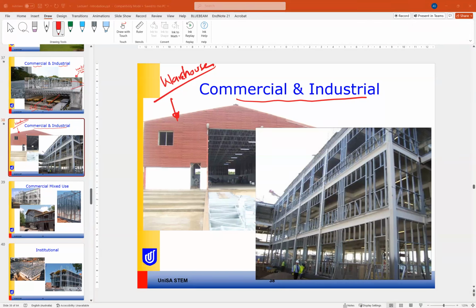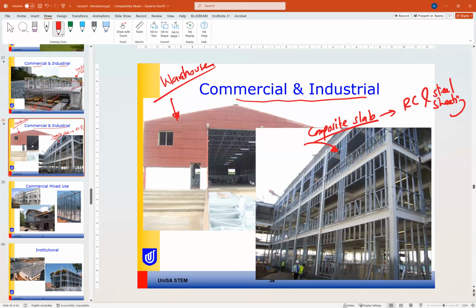Good note. The floor is actually a composite structure. So it is reinforced concrete with steel sheeting. That is one note.